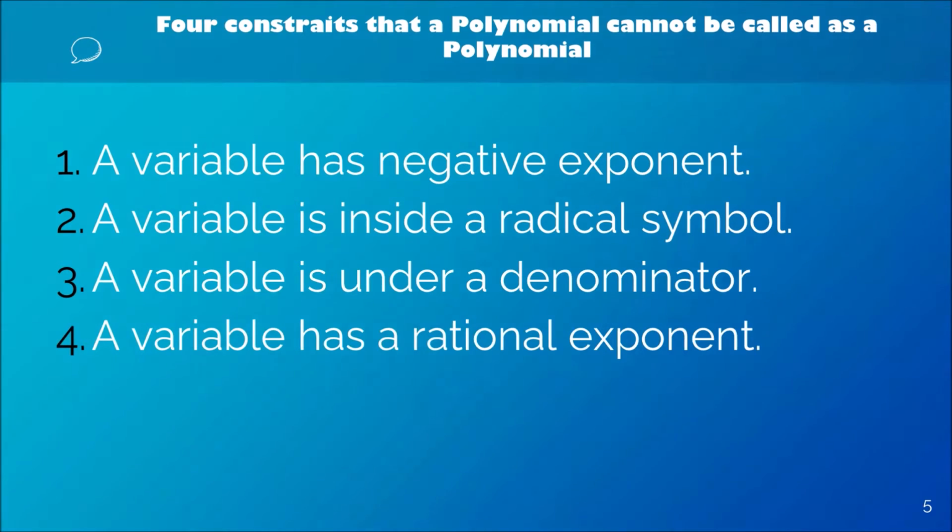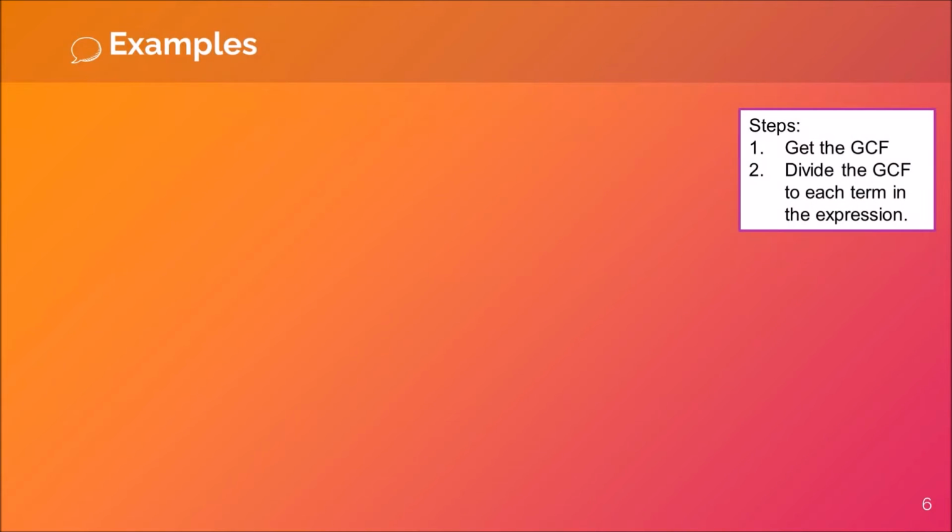There are two steps that we need to follow in factoring polynomials using common monomial factor. First, we need to get the GCF, or the greatest common factor. Second, we need to divide each term in the expression by the GCF. For example, we have here 3x plus 6.